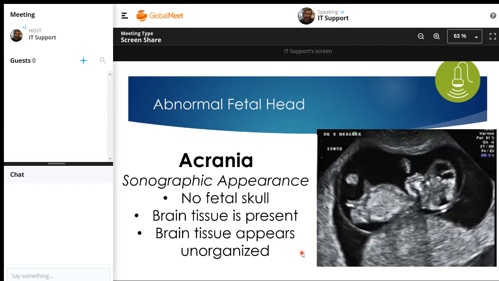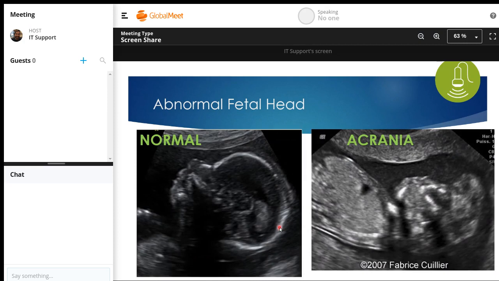Again, polyhydramnios in this case because of the lack of swallowing function, because of the interruption in the CNS function. We have our normal profile here, and then we have acrania. This is the face, tricky to see because everything's abnormal, and then we have this bulge here. That's the brain without that skull.